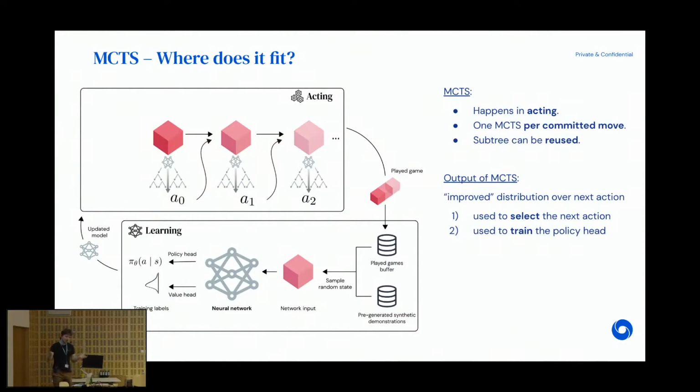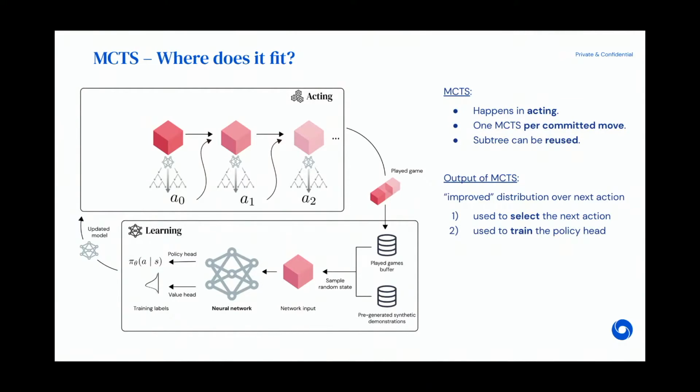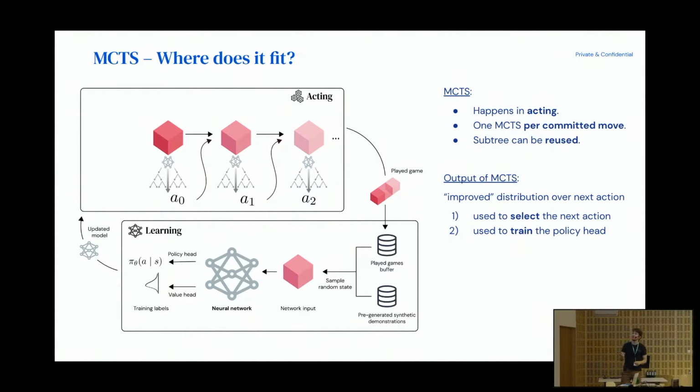Okay, so just to summarize where MCTS fits in the overall AlphaZero algorithm, MCTS happens in acting, so in the acting loop on top. You build one Monte Carlo tree search for every committed move in the environment. So before taking every move, there is a tree search to decide what move to take. And in deterministic environments, the subtrees can be reused. So the tree that you have built here, when you commit a move, you can keep the part of that tree that lies under the move you actually took and use that to initialize the next tree search to save some computation.